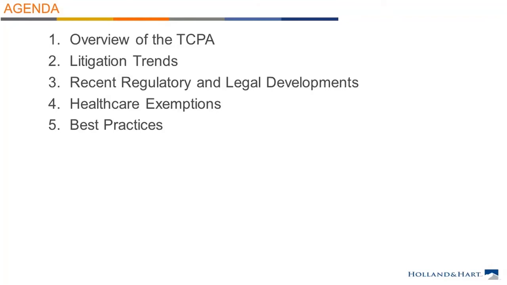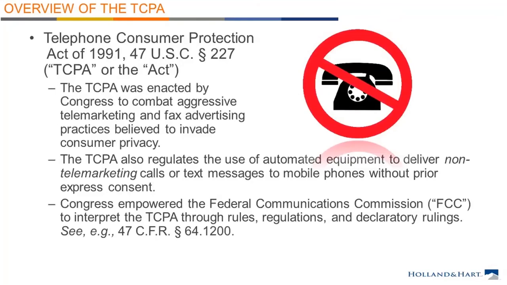So let's dive in. The Telephone Consumer Protection Act was enacted in 1991 by the U.S. Congress to combat aggressive telemarketing and fax advertising practices which were believed to invade consumer privacy.